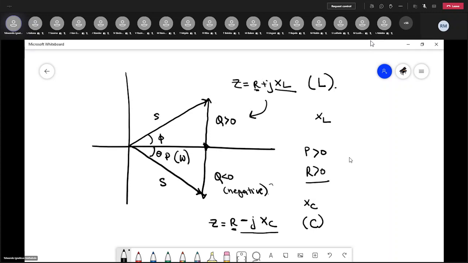So, for an example, when you did power factor correction, you started with this. And then we asked you to find the capacitance required to improve the power factor, that is, to reduce this to something like this.